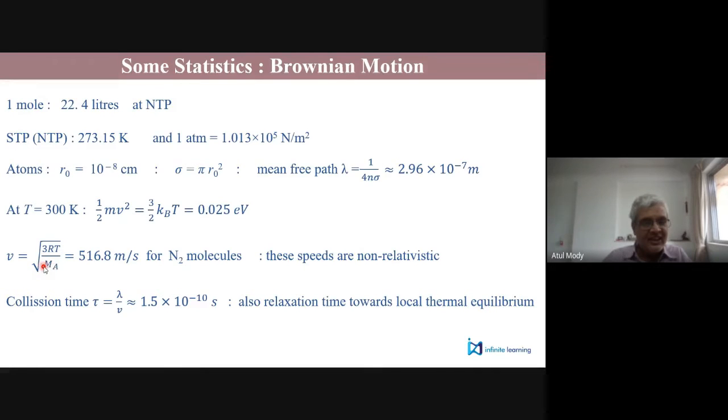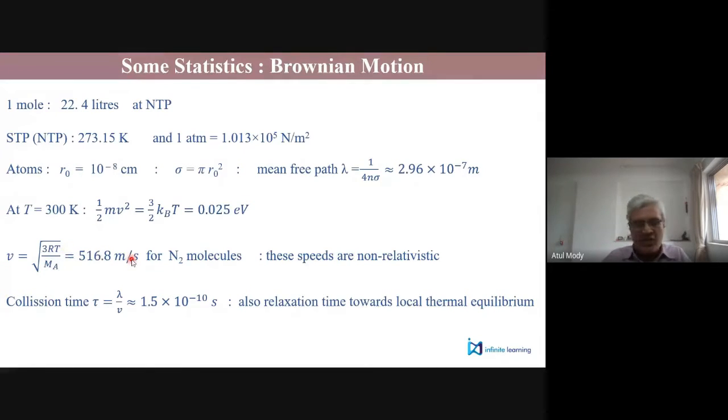If I take nitrogen, molecular weight is 28, and if I take R as 8.4 joules per mole per Kelvin, then I can write M as 28 for nitrogen. So 3 into 8.4 into 300 divided by 28, whatever is the number, take a square root of that, and you will get 516 meters per second.